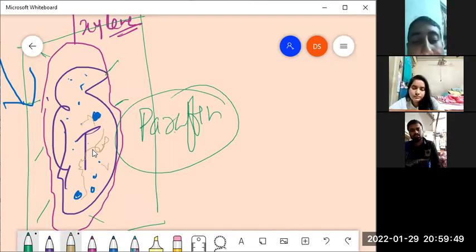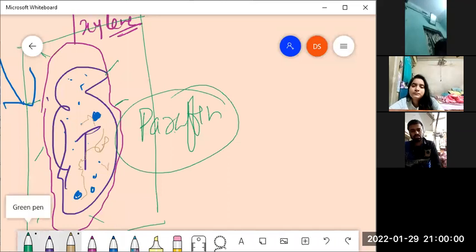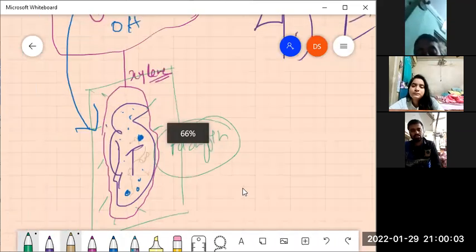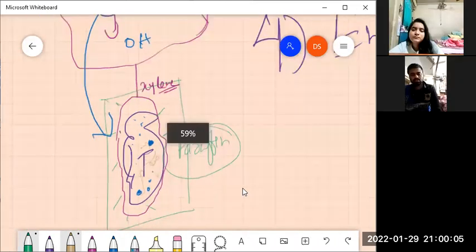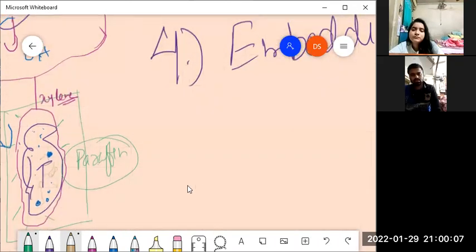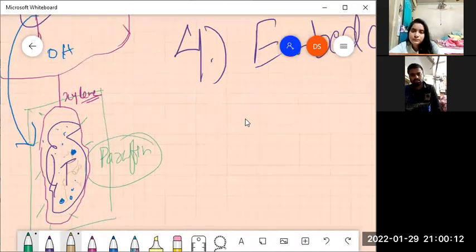So overlapping of the cells of the tissues can be distinguished if the tissue is embedded in a proper medium. Because in embedding, what will happen, part of the paraffin would enter into the spaces in between the cells, that means in the extracellular medium.